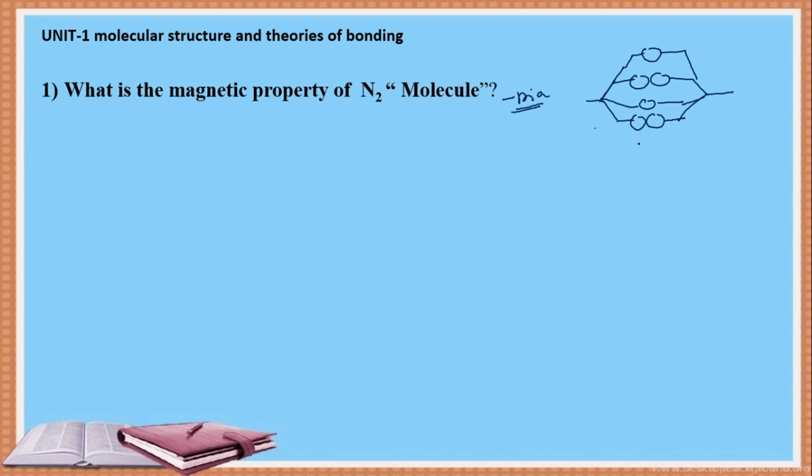Already 8 electrons are in the 1s and 2s levels. The remaining 6 electrons enter into pi 2py2 and pi 2pz2 and sigma 2px2. So that sigma 2p is completely filled.